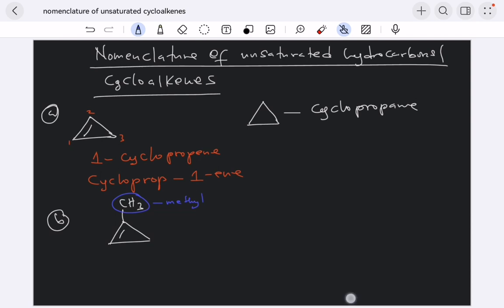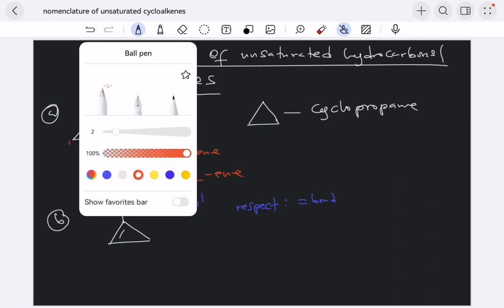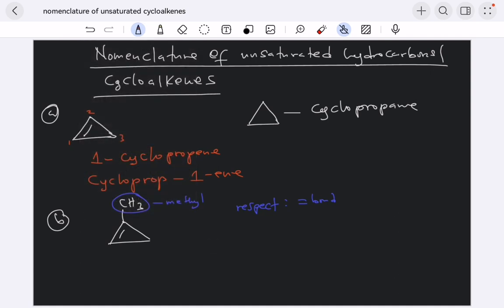So remember, in this case, we always give respect to a double bond when it comes to counting. So our counting will still remain the same as in A. So this will be 1, that will be 2, this will be 3. So to name this compound, we start by mentioning the position of the methyl, which is 2-methyl. Then we can say 1-cyclopropene.